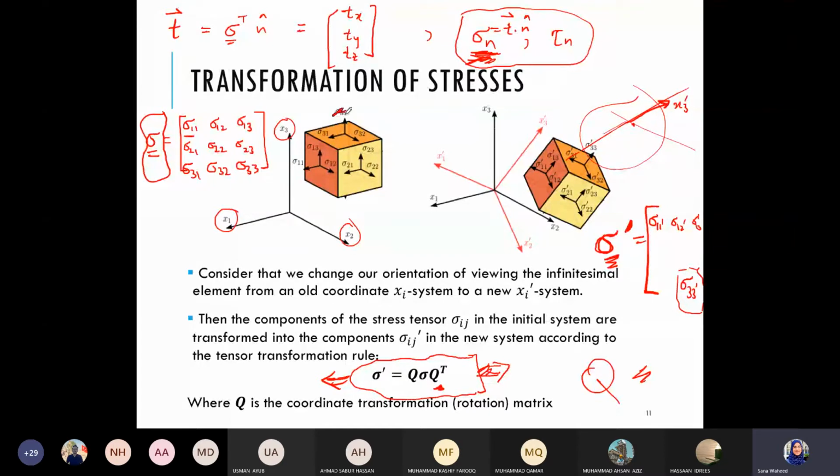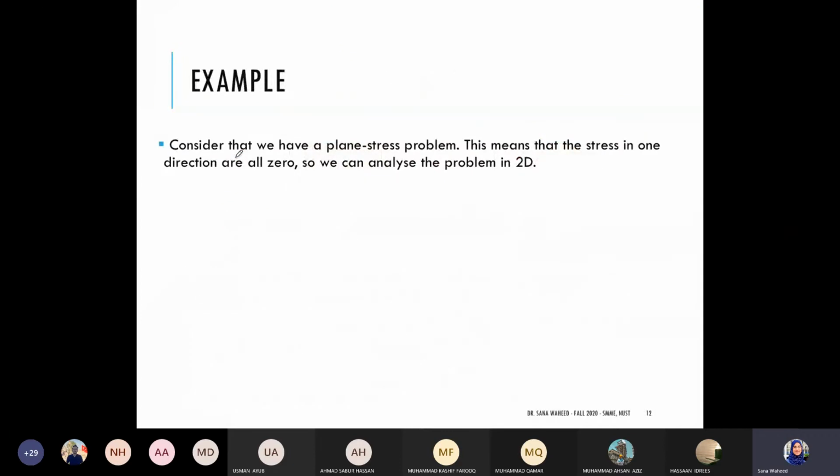That means all these terms are zero: the 2-3 one is zero and the 1-3 one is also zero. I just said that in the third direction there is no stress, so all of these values disappear. Such that I'm looking at a problem which can be analyzed just within the 1-2 plane, or xy plane. Okay, so it just has stresses in the x and the y direction. That's it. No stresses in the z direction.